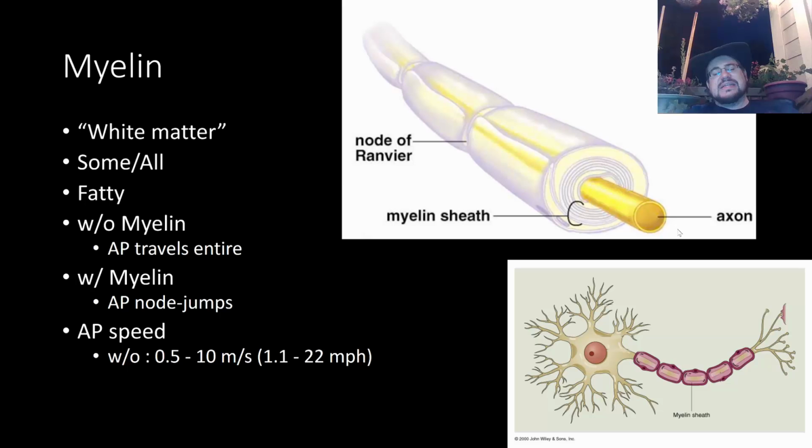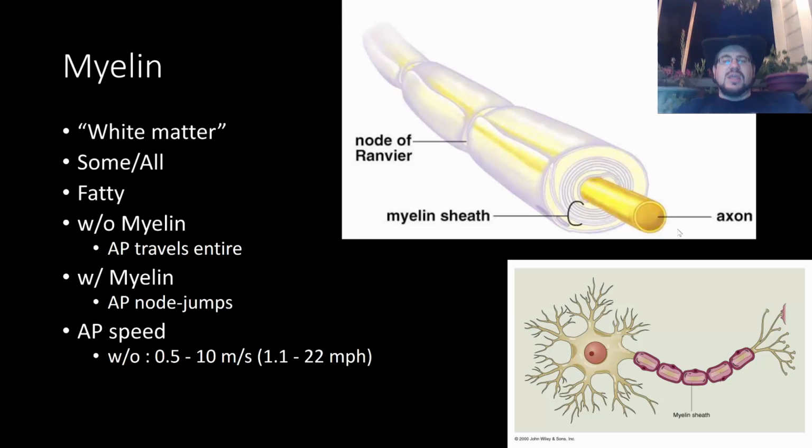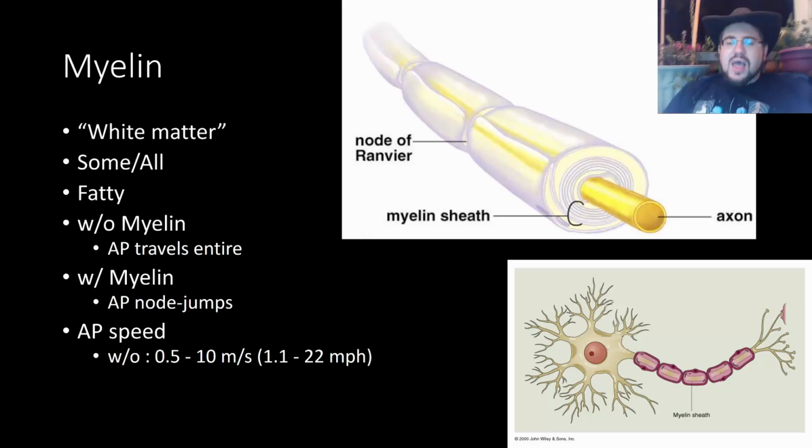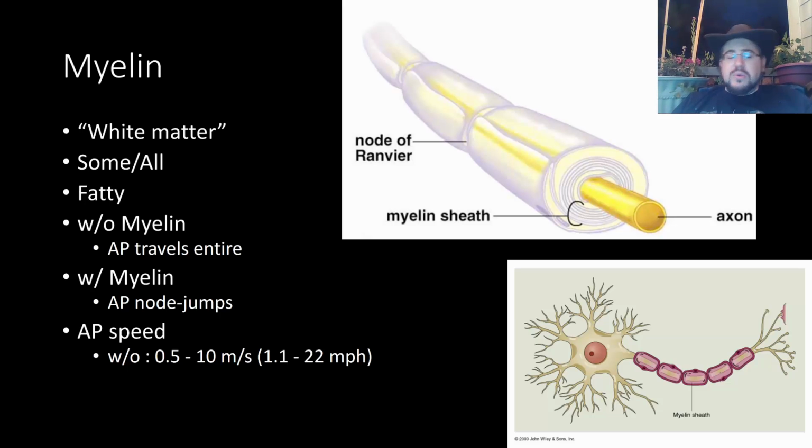It's 0.5 to 10 meters per second when you don't have myelin. That's how quickly an impulse can travel along an uninsulated neuron, between 1 and 22 miles an hour. With myelin, you get 90 to 150 meters per second, or 200 to 300 plus miles per hour.